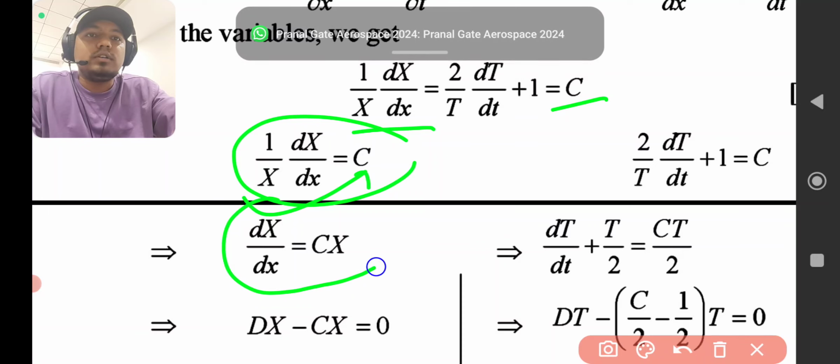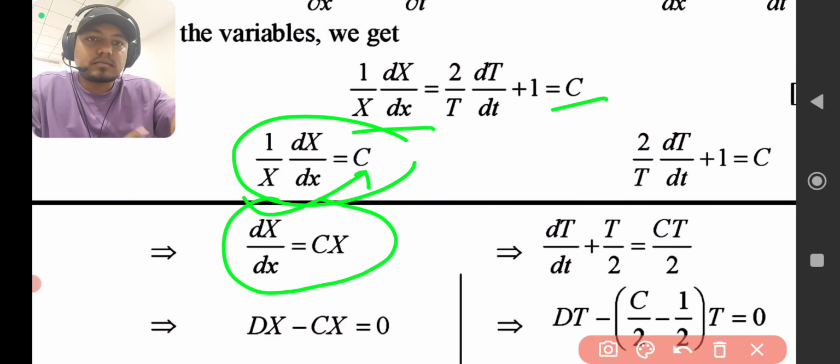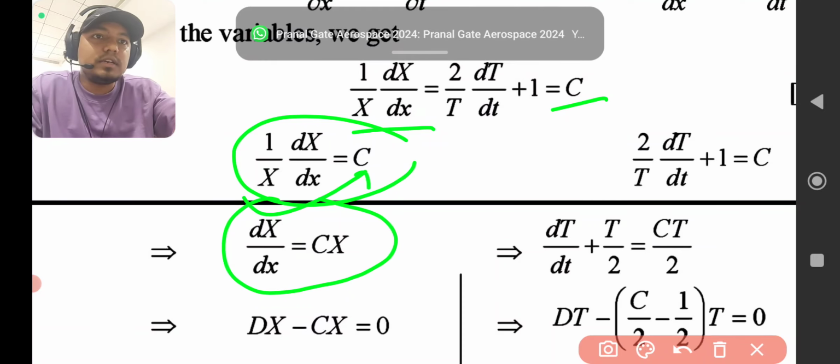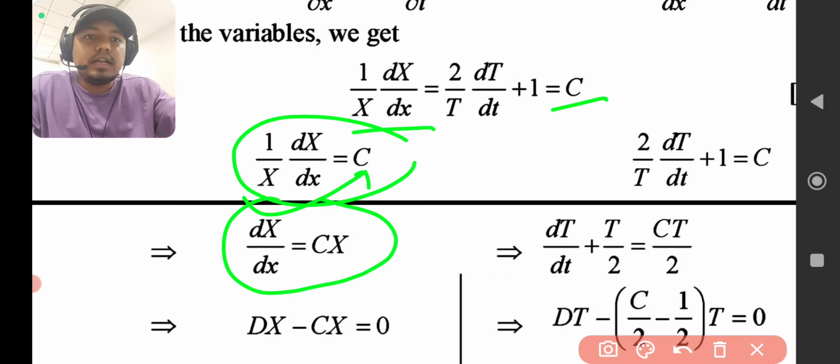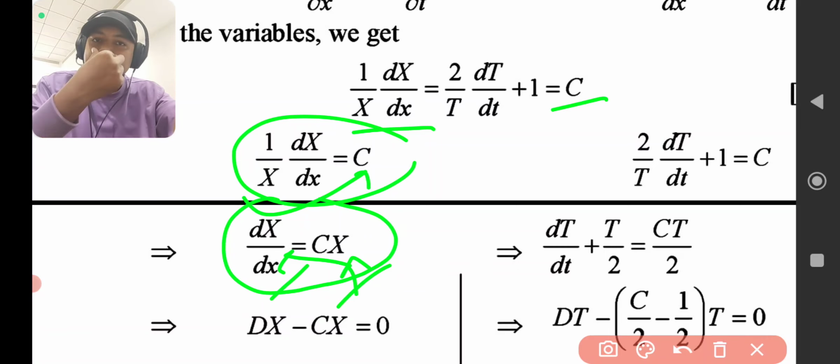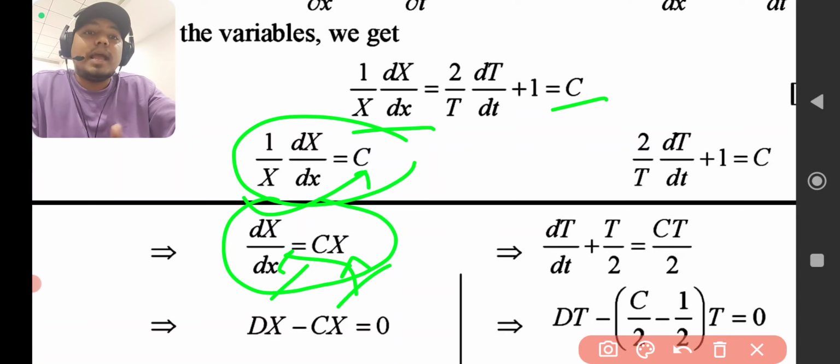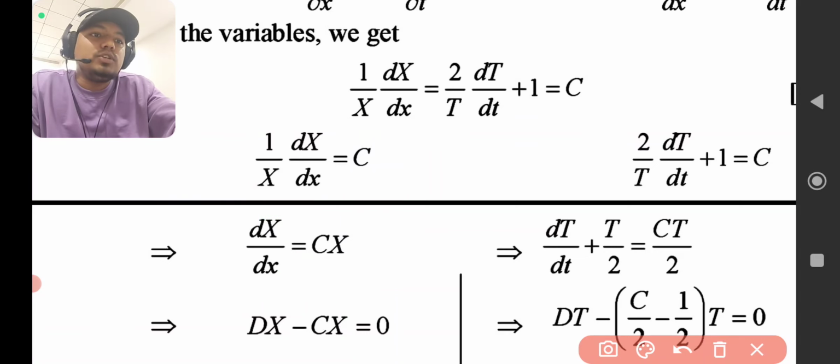And then you find out capital dx by dx, and then you do this, done. Then take this to the left side and take this x common, then D minus c will be there, then you find out the D value, which is equal to c, or m minus c. M will be like one of the roots. And the same thing you do on the right side.